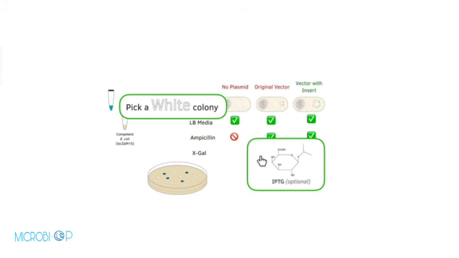So it will produce blue colonies. The vector with insert will not cleave X-gal and hence produces white colonies, and this is the basis for blue white screening. Thank you.